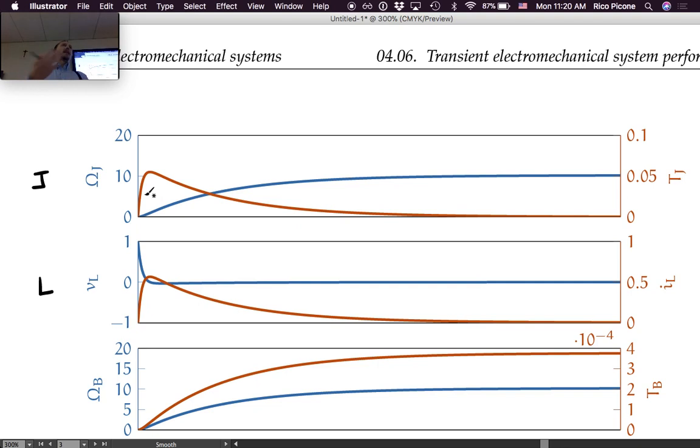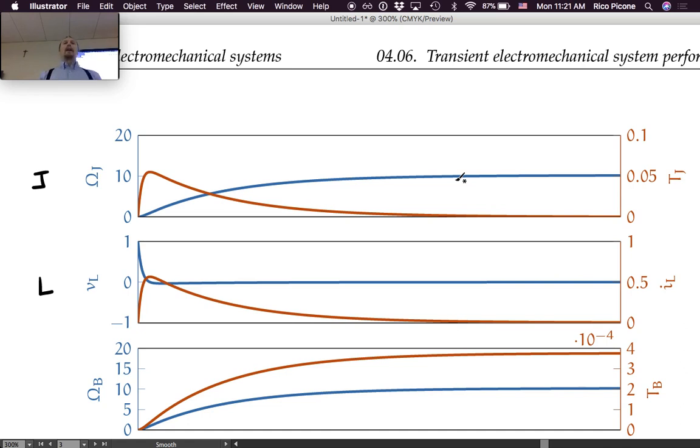In order to start spinning up a flywheel, we have to apply some torque to it, but once it's spinning, we don't need to apply any more torque. Once it's already at the velocity that we're commanding, it doesn't need to exert any torque on the flywheel anymore, so that drops off. There's a bump here where there's a lot of torque, and then it drops off, and the flywheel slowly comes to equilibrium.